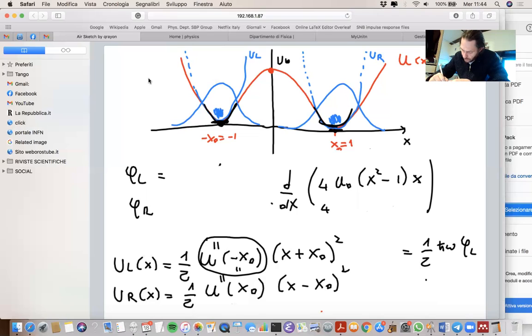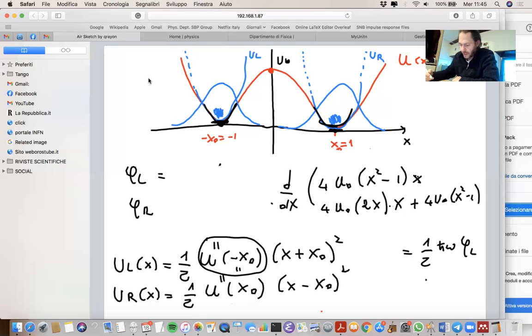So when I act on the first factor, I will get 4 U naught times 2x times x, and when I act here, I will get plus 4 U naught (x squared minus 1).